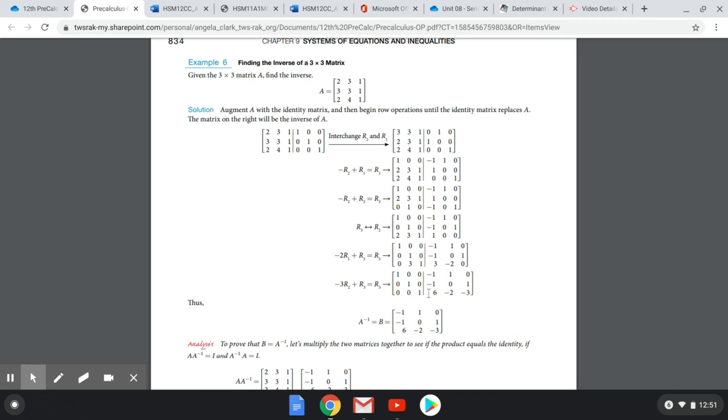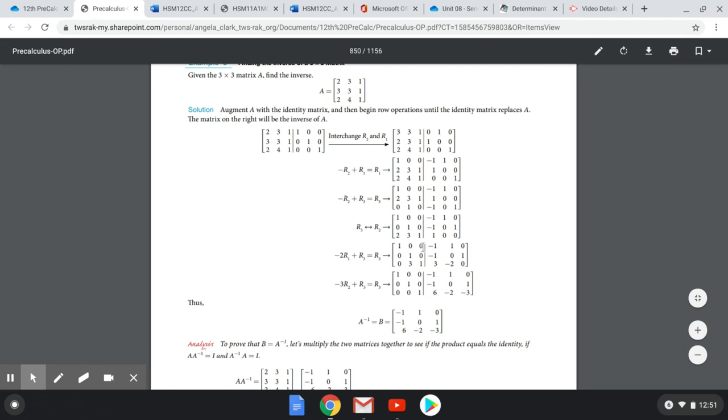And it just happens that that ended up making this 1 a 1. If that hadn't made this 1 a 1, then that would be our next goal, to get this to be 1. And then we would want to get that to be 0, and get that to be 0. So this worked out really nice. It was fewer steps than these often end up being.